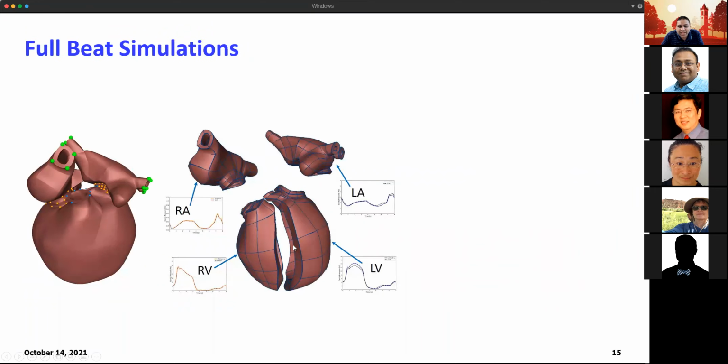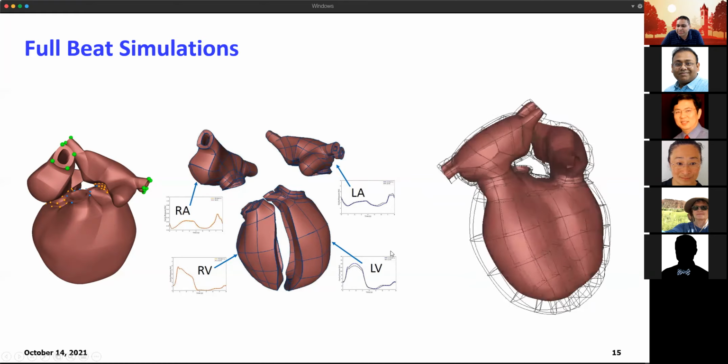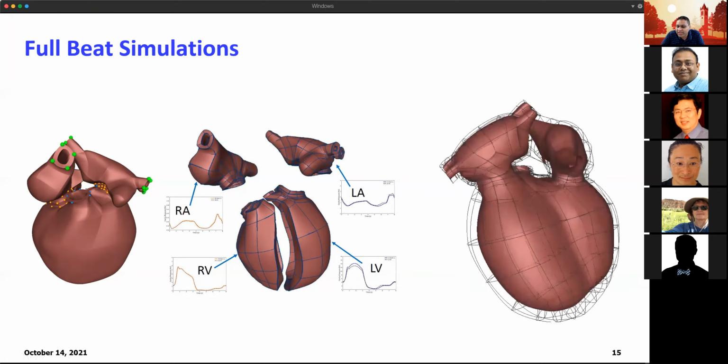And we iteratively solve for this to get the complete coupling between the finite element model and the circulation model. And once we do that, we can apply appropriate boundary conditions. So we can assume that the blood vessels are fixed, they don't move. We then apply the blood pressure on all the 4 chambers, and then we can essentially simulate the complete cardiac cycle.